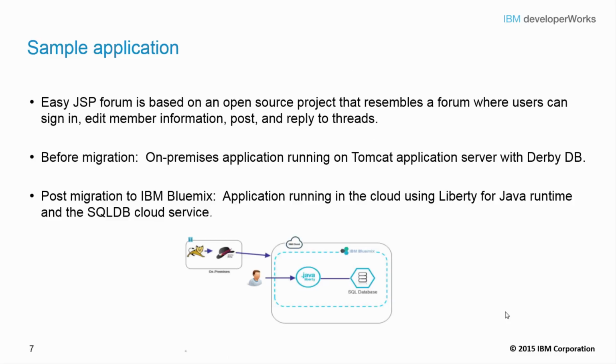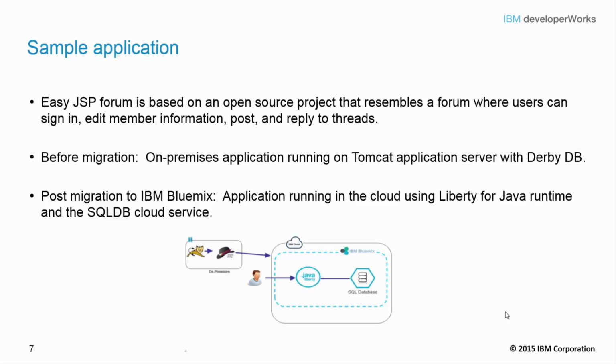Before we start deep diving into the migration demo, let's briefly talk about the simple application. It is EasyJSP Forums, which is an open source project that resembles a forum where users can sign in, edit member information, post, and reply to threads.